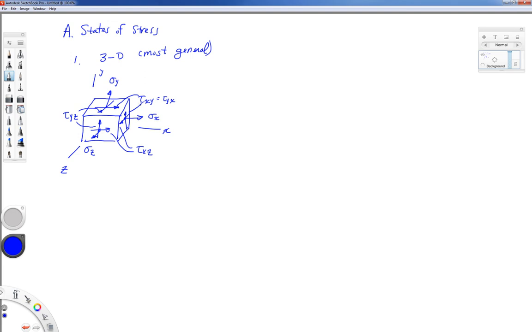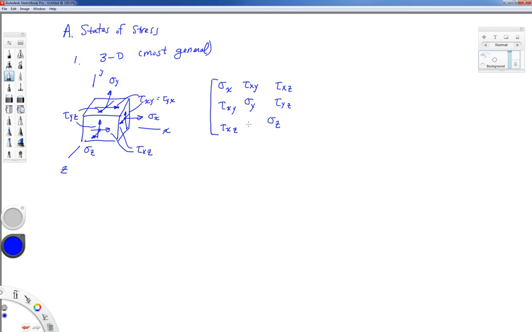It turns out that stress is something called a tensor, in which case we can write our stress components with sigma x, sigma y, and sigma z, the normal stresses, along the diagonal, and the shearing stresses, tau xy, tau xz, tau yz, on the off-diagonal terms, a symmetric matrix of components that is called a tensor.